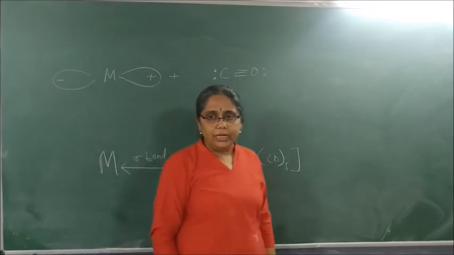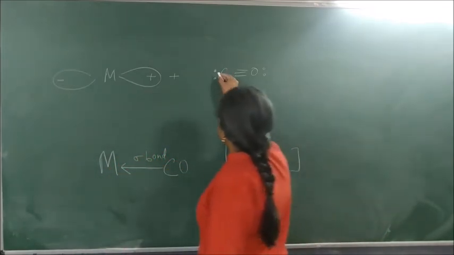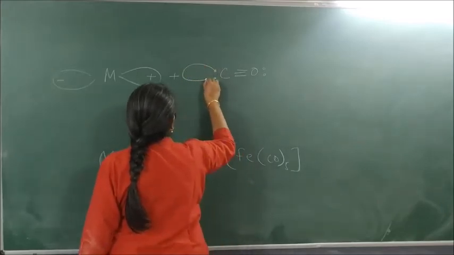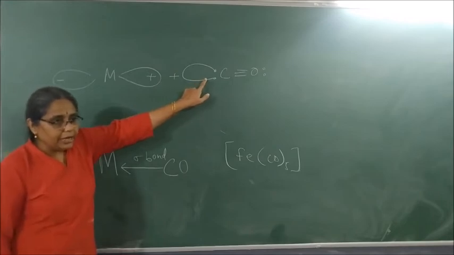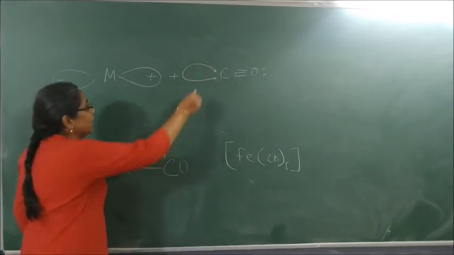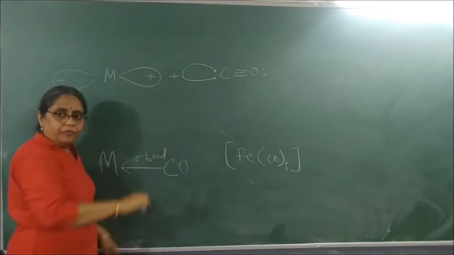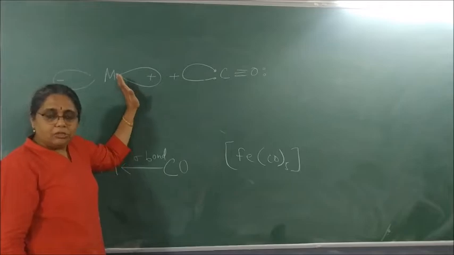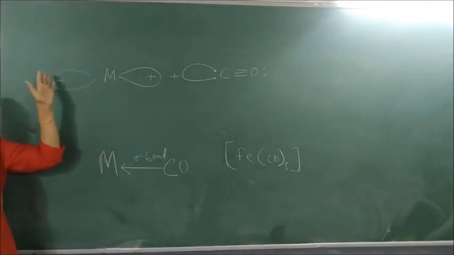This is how we write CO or carbon monoxide. So if I represent this in the form of a lobe, this lone pair electron of the carbon of the CO is donated to any empty d orbital of the vacant metal atom. So it is a normal donation. Ligand donates electron to the metal atom.